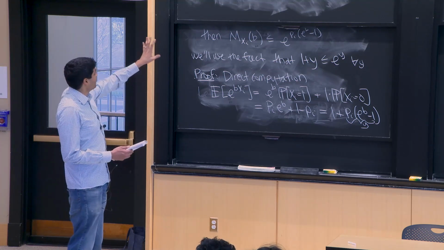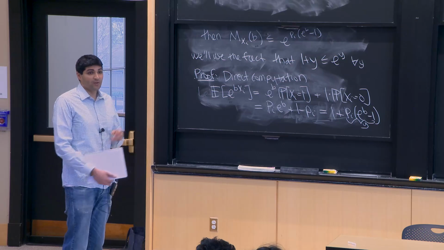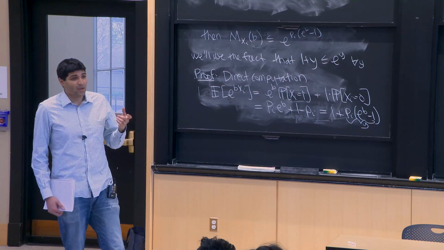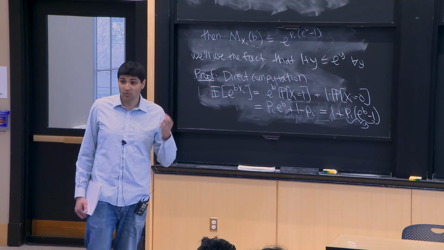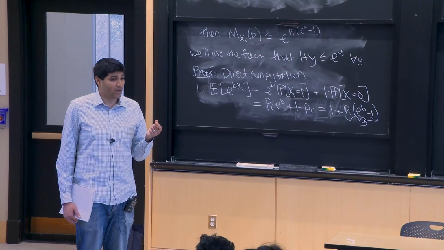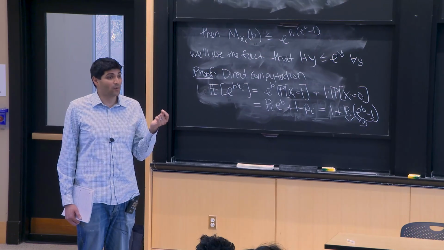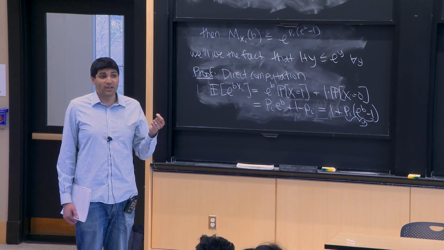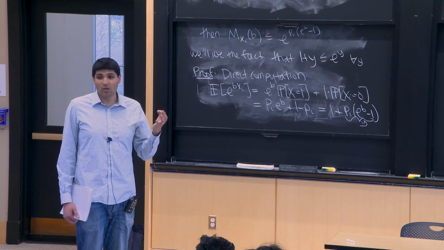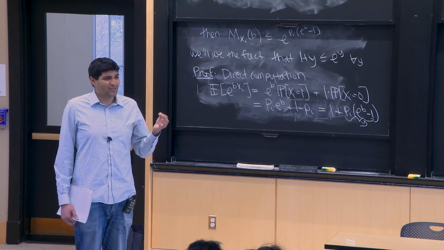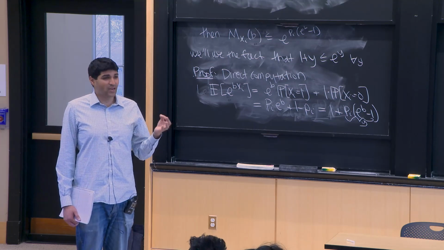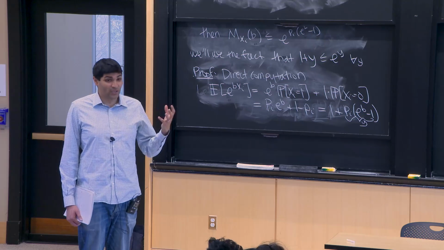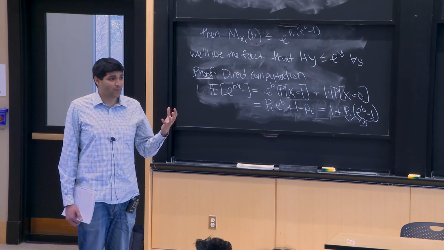Because it sounds like this amazing fact. When I first introduced it, I talked about how we wanted to drive the failure probability of some randomized algorithm down. If we repeat it a bunch of times, things like the weak law of large numbers would tell us that to get our failure probability down to like 10 to the minus 30, we have to repeat it like 10 to the 30 times.